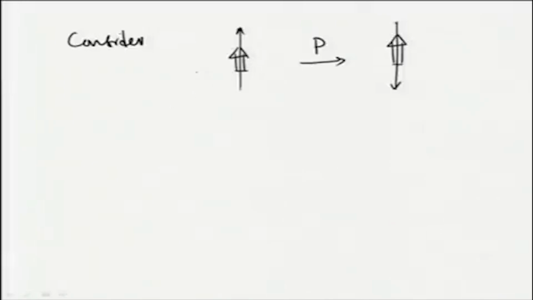As we mentioned on an earlier occasion, a particle with the spin aligned along the momentum is called a right handed particle, and the other ones aligned opposite to the linear momentum are called left handed particles. So, the parity operating on a right handed particle takes it to a left handed particle.